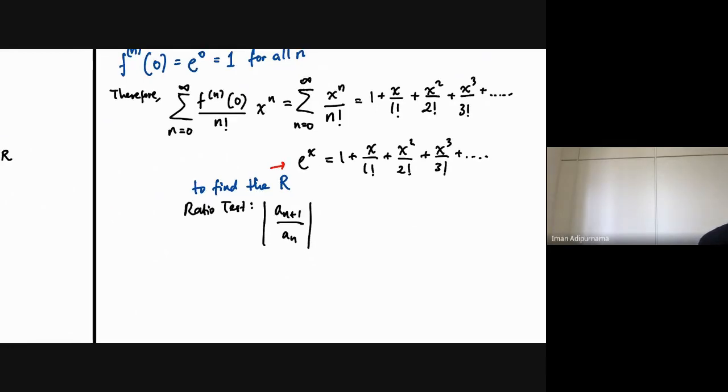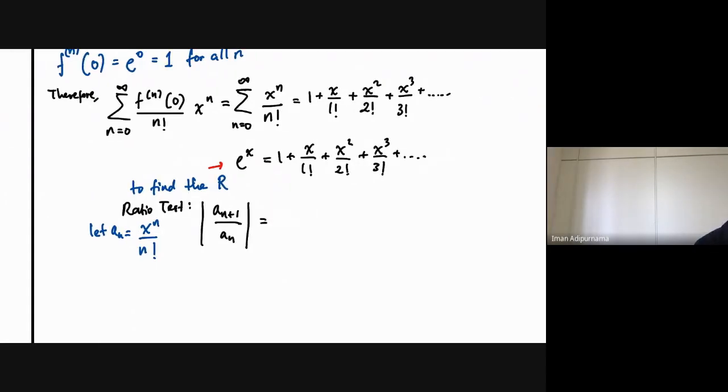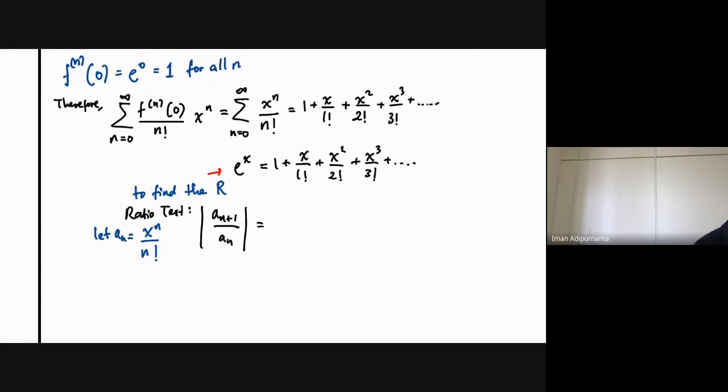Let the an be equal to x with the power of n over n factorial. So we put that sequence.